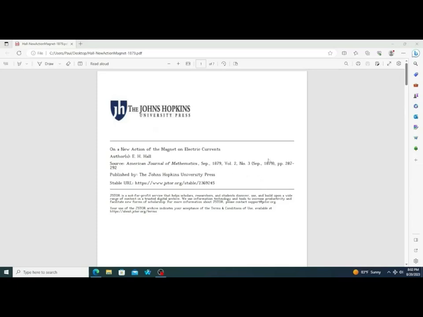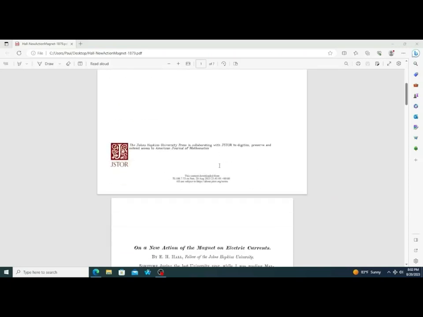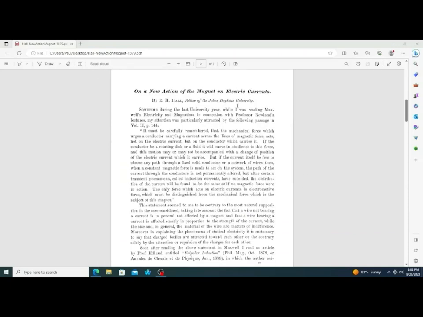So this paper was American Journal of Mathematics, September 1879. So right there, we know this is before Rutherford, this is before J.J. Thomson, so this is before any concept of an electron. But it's not before Maxwell.